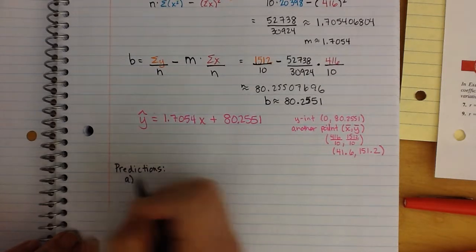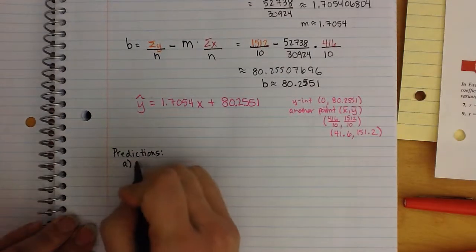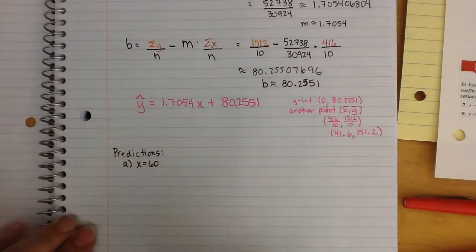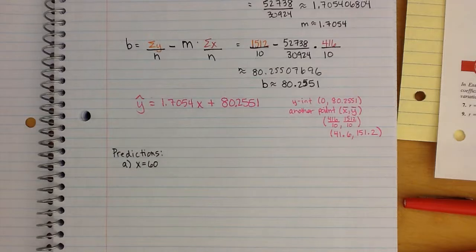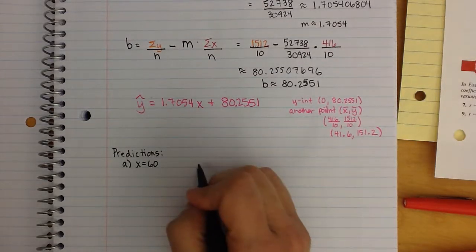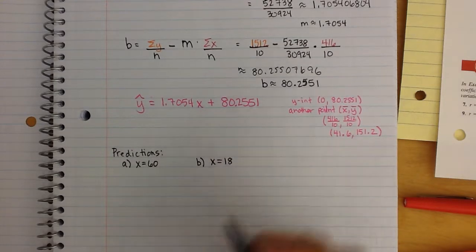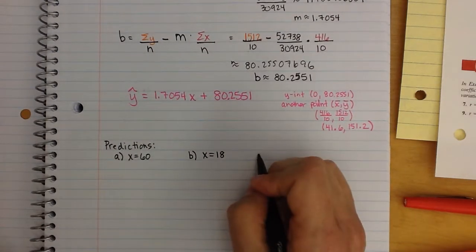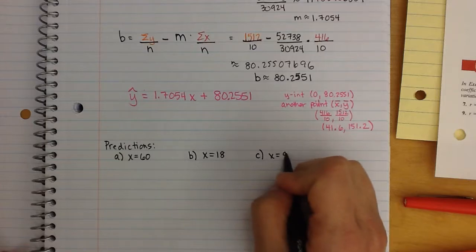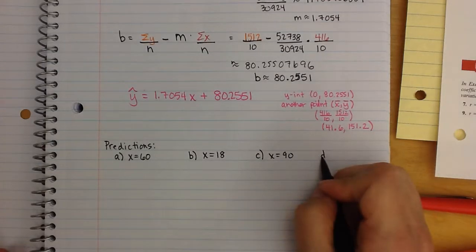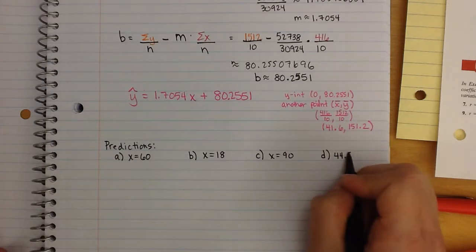So in letter A, if x is 60, so if a person is age 60, what would their blood pressure be? Part B, if a person is age 18, what would you predict their blood pressure is? C, if a person is 90, and D, if a person is 44.5.